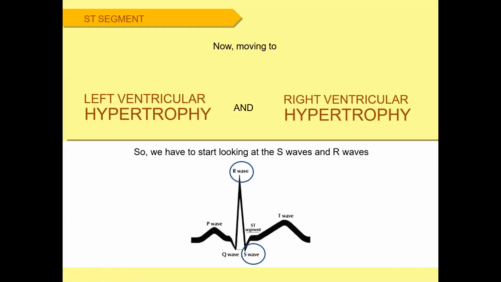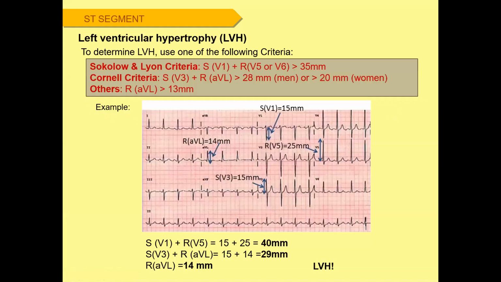Now LVH: you have to know what is LVH and what is RVH. There is a criteria. We have to look at S in V1. In V1, what is the S amplitude, or the R wave in V5, V6? If it is more than 35 millimeters, 35 small squares, then it is called LVH. There is a criteria which is written.